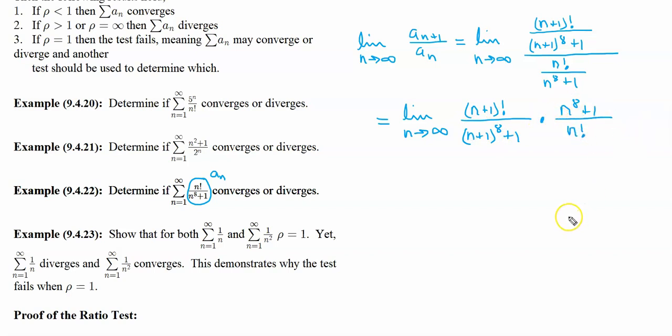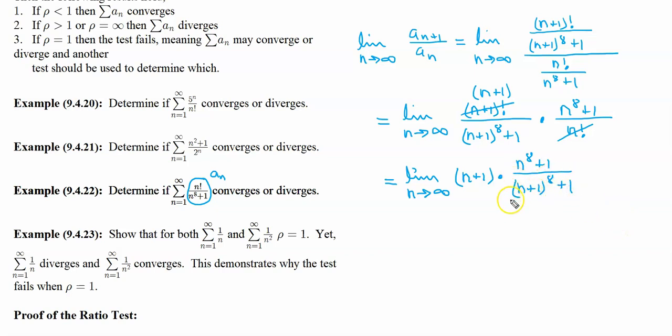And there we go. Now, the n plus 1 factorial divided by n factorial, these are going to cancel and leave us with just an n plus 1 in the numerator, right? Because n plus 1 factorial divided by n factorial is n plus 1. And then we have these two polynomials here, so let's write this as, and there we go.